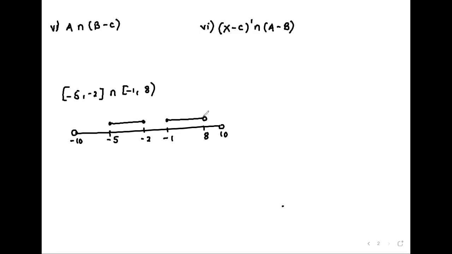The intersection is the interval that is being shared, where the two lines meet. But in this case, the two lines do not meet. They are leaving us with that space here. So it means that the intersection between these two is empty. That's how the empty comes.